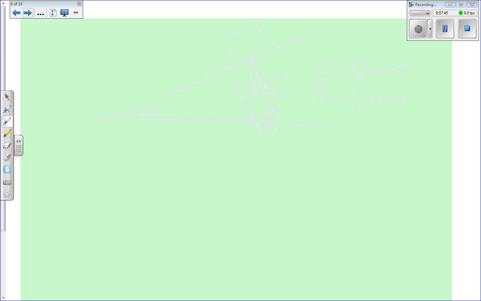So if this object has a weight of 300 newtons, we would find F parallel by taking 300 times the sine of 20, and F perpendicular would be 300 times cosine of 20.